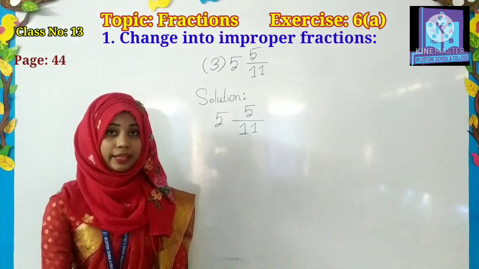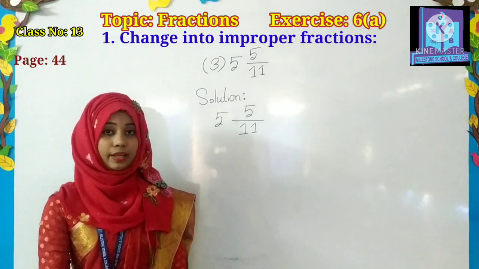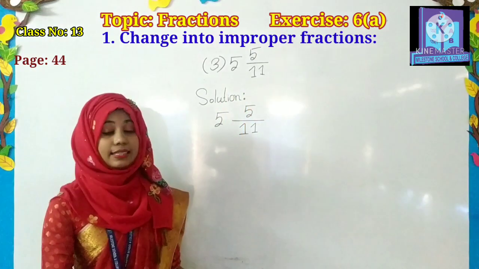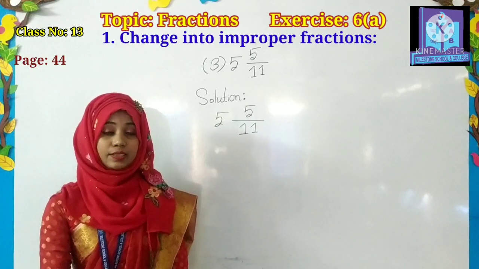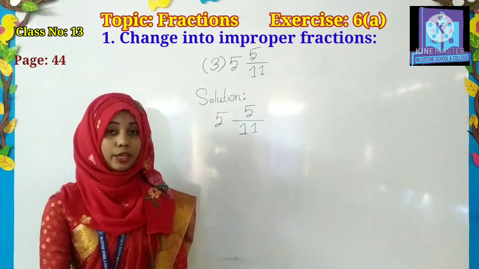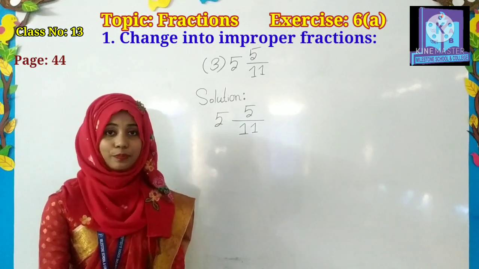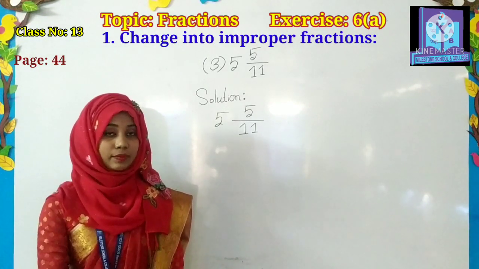Now go to number 3 of problem number 1. Here 5 whole 5 by 11 is a mixed fraction. Now we will convert this mixed fraction into an improper fraction, but without showing the calculation. At first we will learn a process.